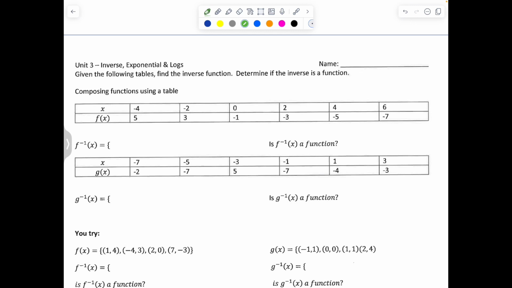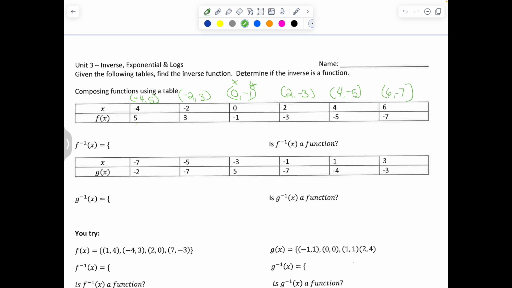Remember, this is an ordered pair. The values can be written as ordered pairs: (-4, 5), (-2, 3), (0, -1), because this is x and this is y, and so on.